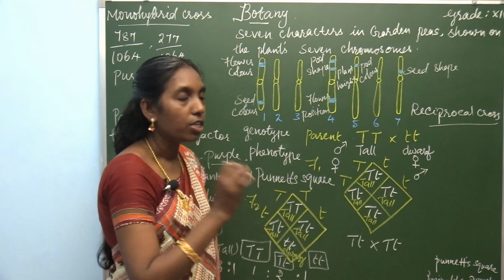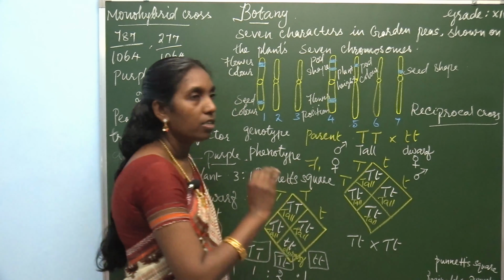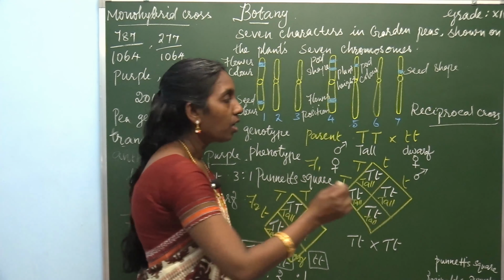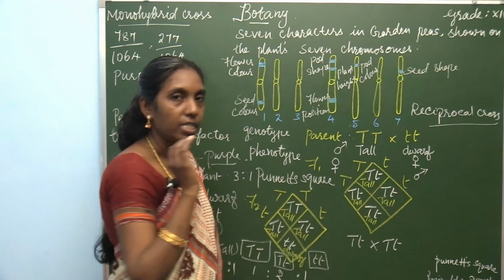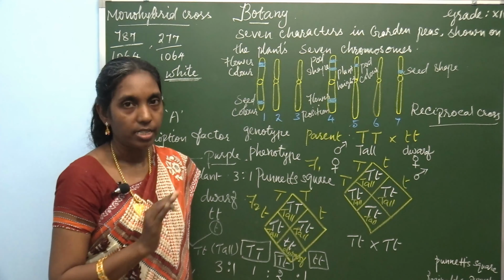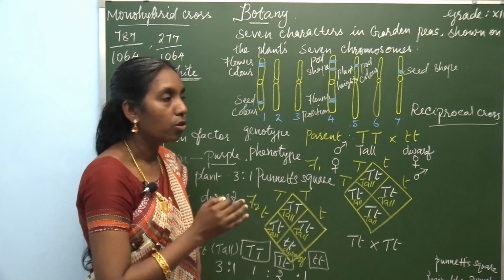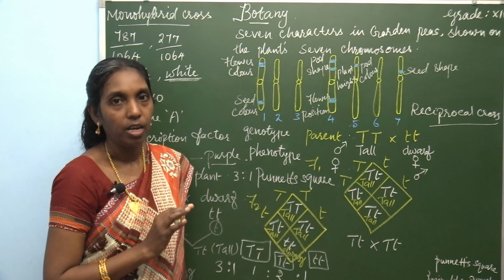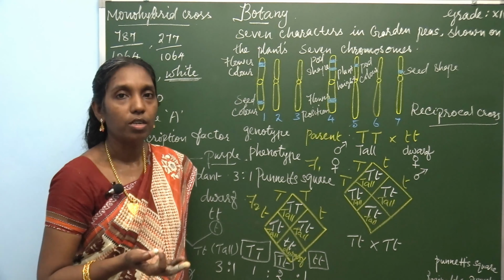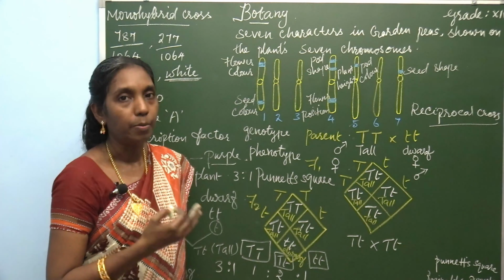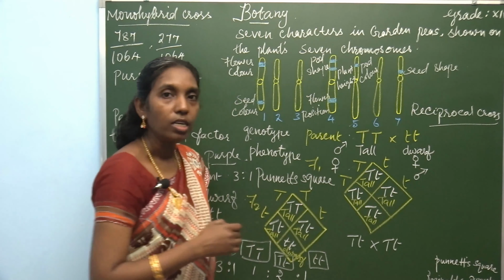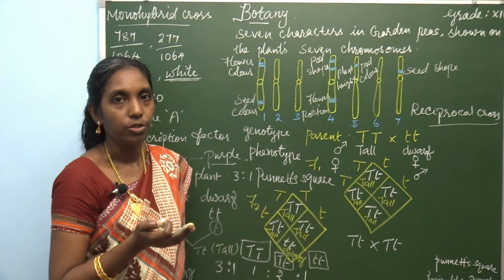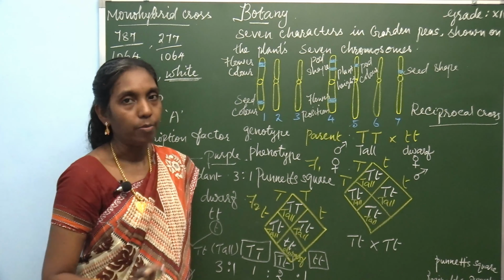For example, tall plant pollen dusted on dwarf plant stigma, or dwarf plant pollen on tall plant stigma, gives the same result. So Mendel's monohybrid cross is not sex determined. A one word question may ask: Mendel's monohybrid cross is not sex dependent due to the reciprocal cross, which gives the same ratio.